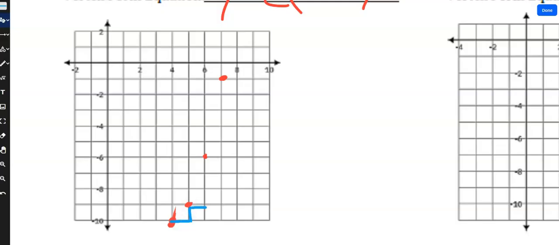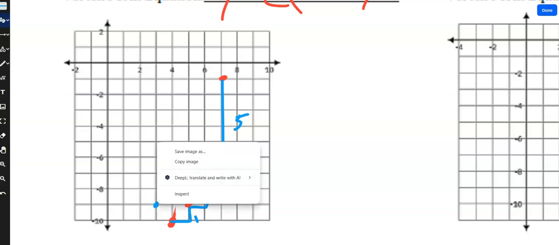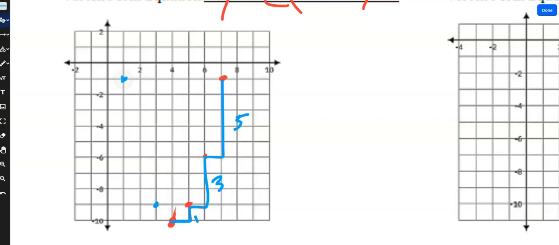Over 1, up 1, over 1, up 3, over 1, up 5. 1, 3, 5. And then duplicate those points, matching each point to the other side. Then we can draw the shape. And you're right, I don't see my y-intercept because it's way up there.